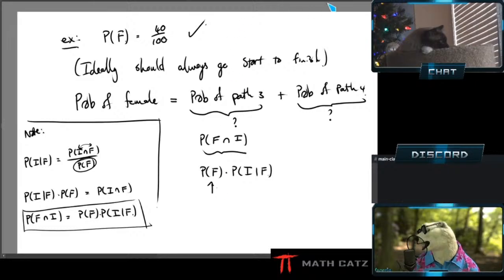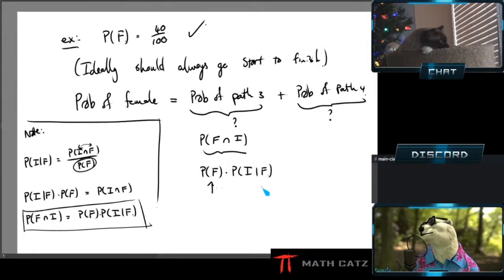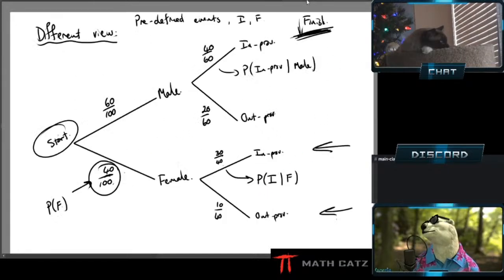The probability of F, right there. The probability of being in province given F, it's right there. Because the way I set up the tree, the later branches already contained conditional probabilities.